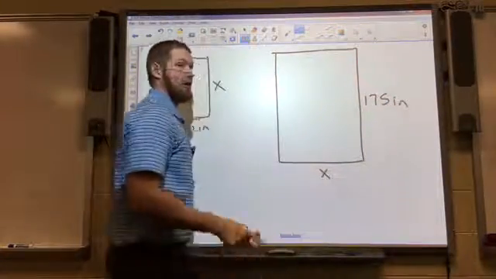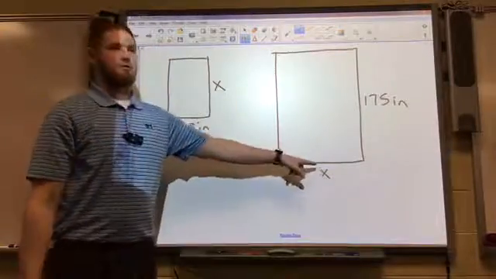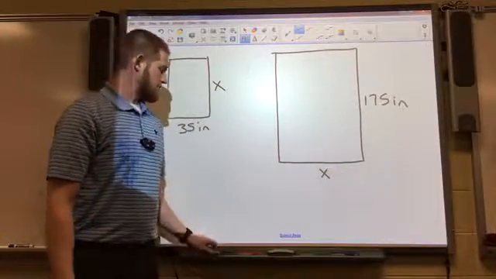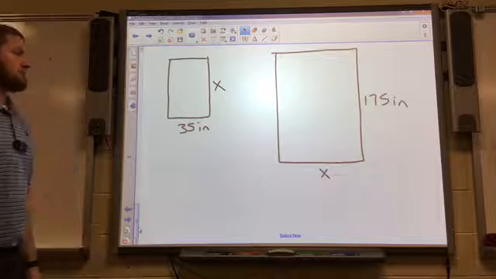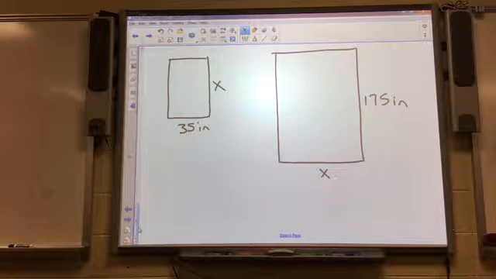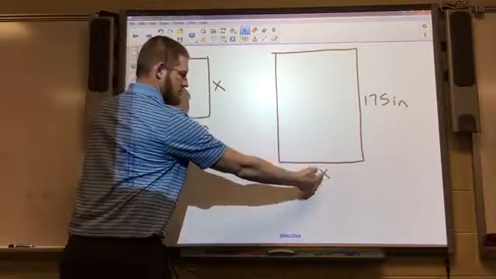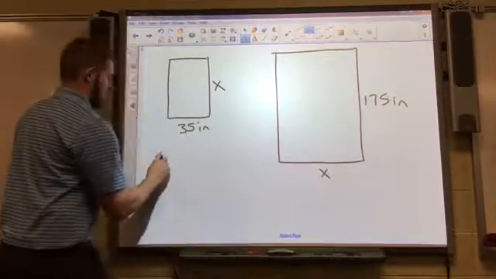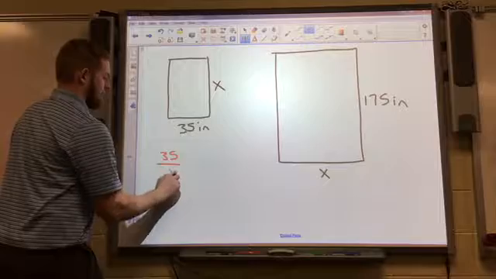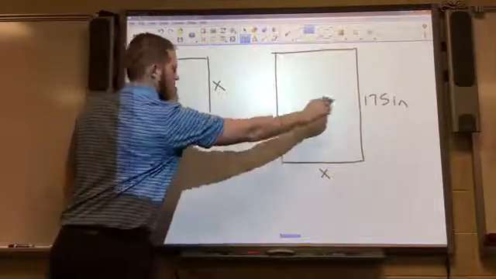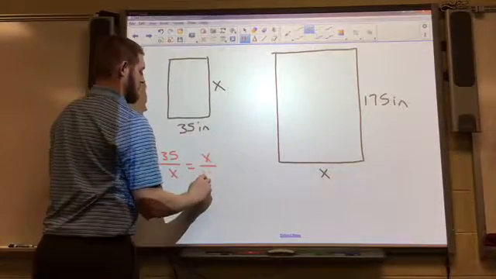This side we don't know, but I do know that those two sides are the same length. What do you think, Jacob? Okay, so you're doing 35 over x. So you have 35 over x equals x over 175.